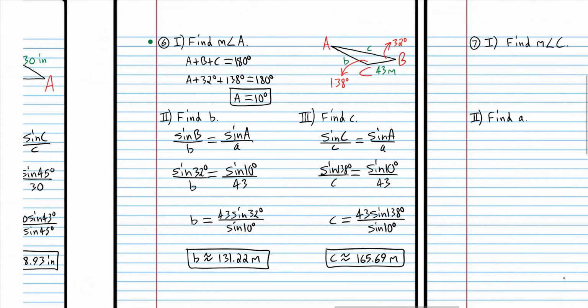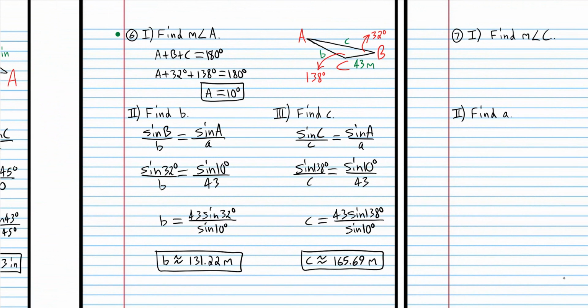So at that point, we've solved the triangle because we found all three side lengths and all three interior angle measures. So if you got those answers, excellent.